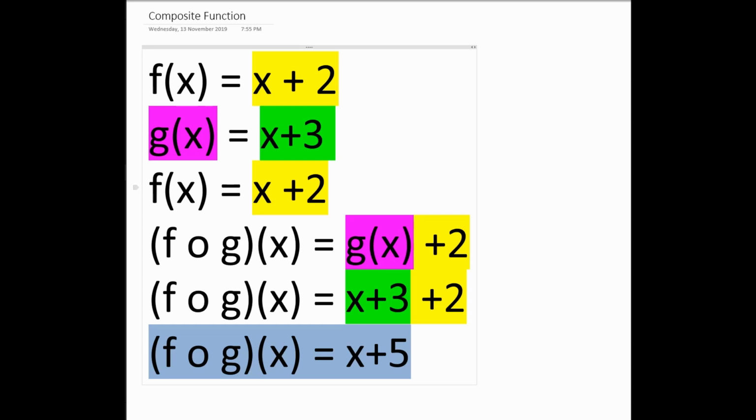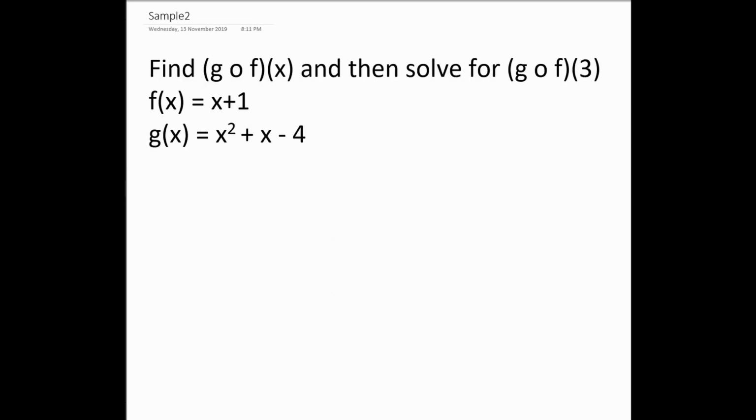For our next example, we have find g of f of x and then solve for the g of f of 3. Given that we have f of x as x plus 1, g of x as x squared plus x minus 4, first we write g of x. So g of x is presented in terms of x as x squared plus x minus 4.